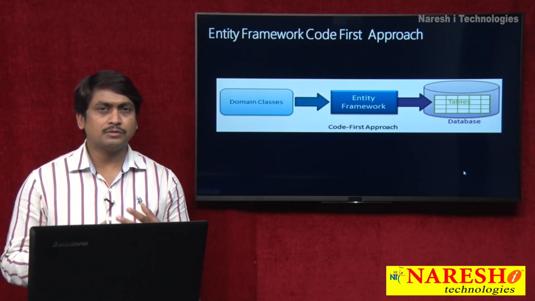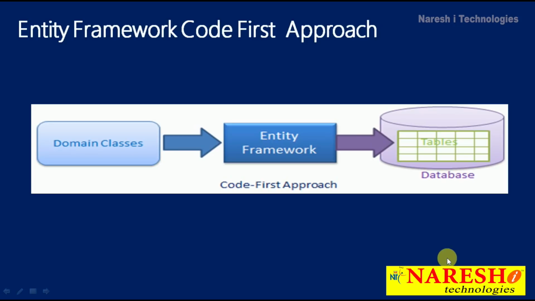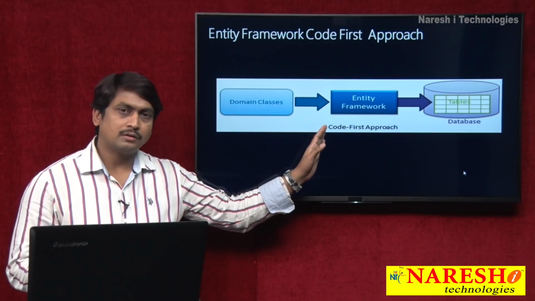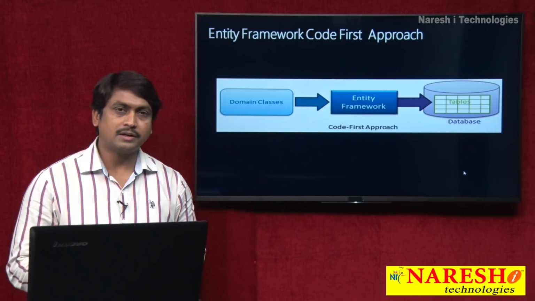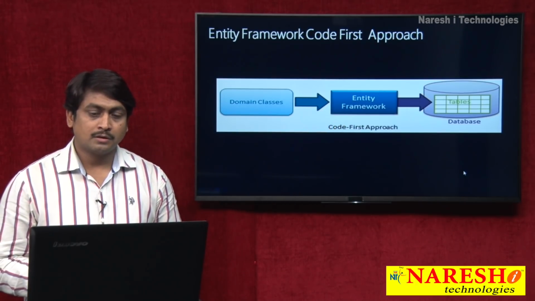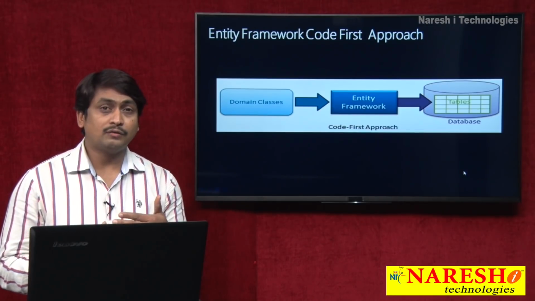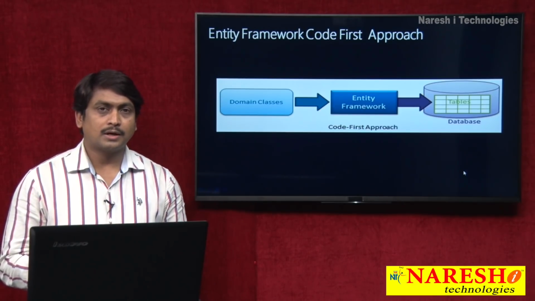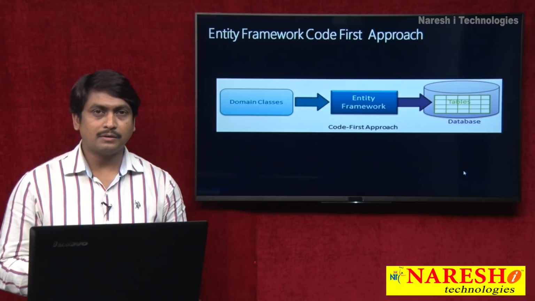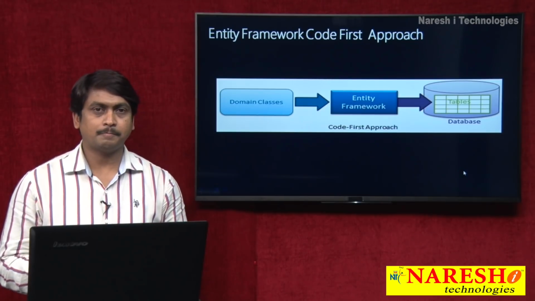The code first approach is very simple here. We define all the domain specific classes, which we call POCO classes, and Entity Framework will create the database and tables. That means you are not writing for the database, you are writing according to the business requirements, everything domain specific.